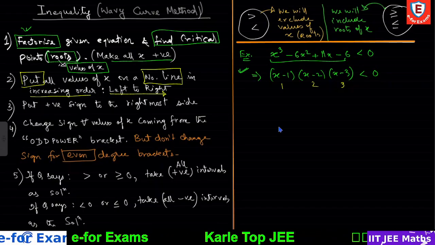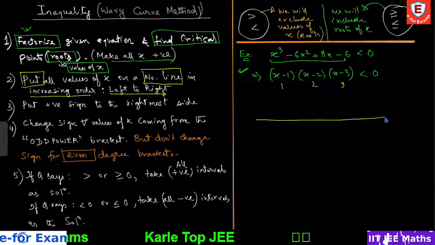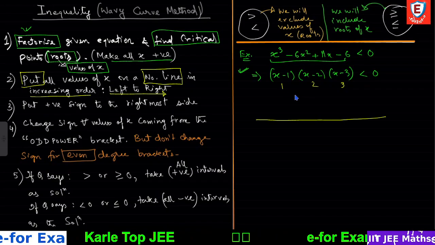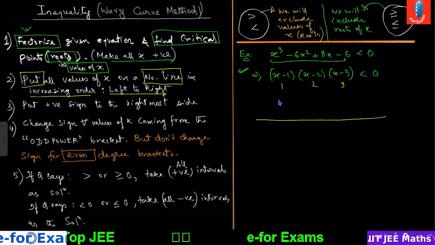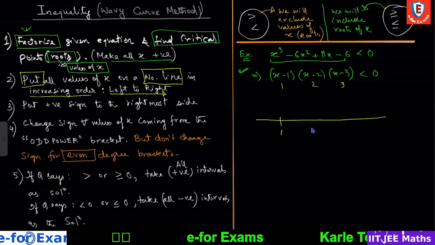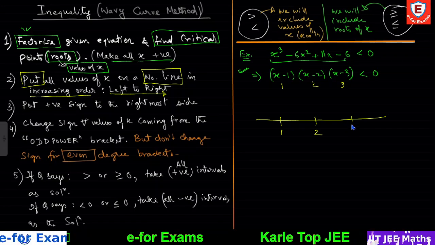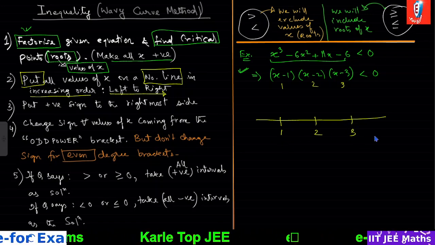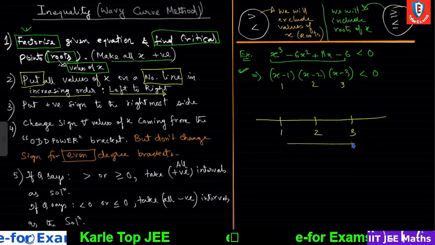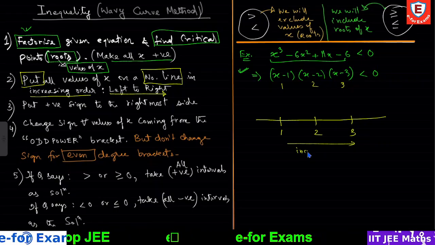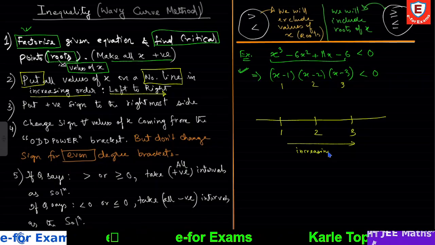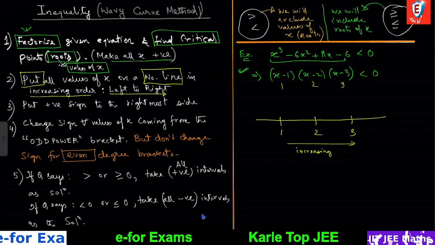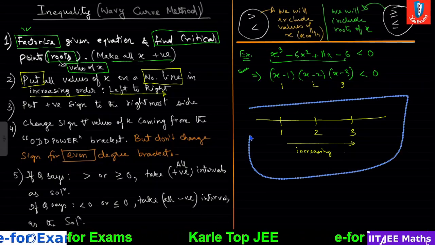This is the number line, increasing order left to right. Left means smallest, 1 here, here 2, then here 3. The smallest is 1. Okay, this is what is meant by increasing order.